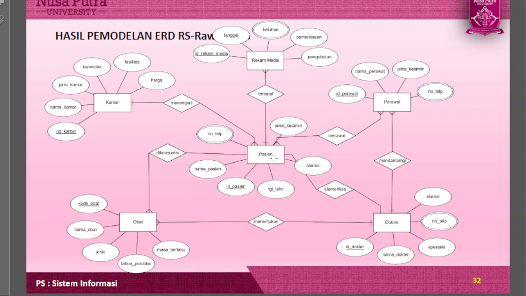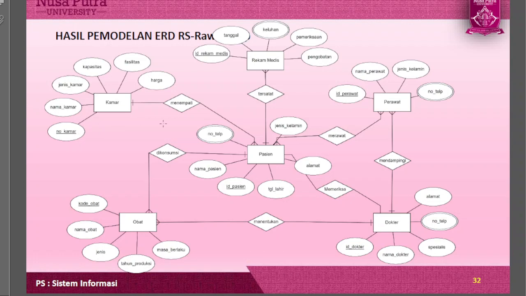And the patient in the hospital will stay in the room, and the room has several attributes, for example the price, facility, capacity, and kind of room, like class 1, class 2, class 3, or VVIP and others. And the name of the rooms.